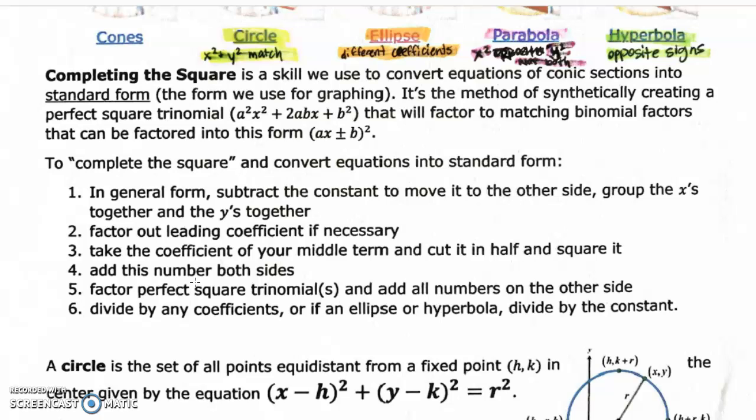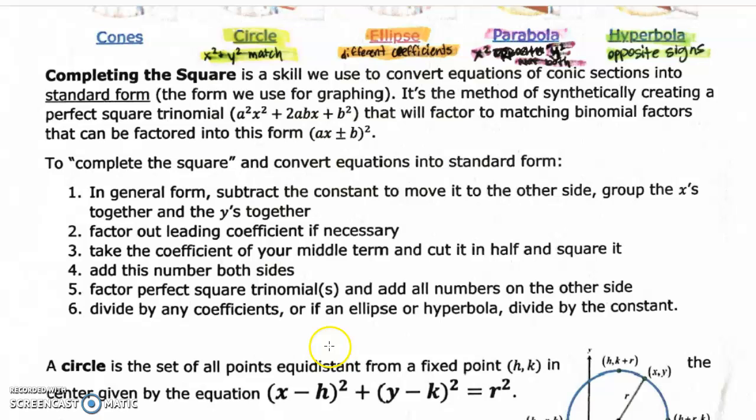Then in order to complete the square, to create something that will factor into two matching factors, we take the middle term, the x term, cut that in half, and then square it. And then we add this number. That's how we complete the square. What we do to one side, we have to do to the other, so we add it to both sides, and then we factor it into matching factors.